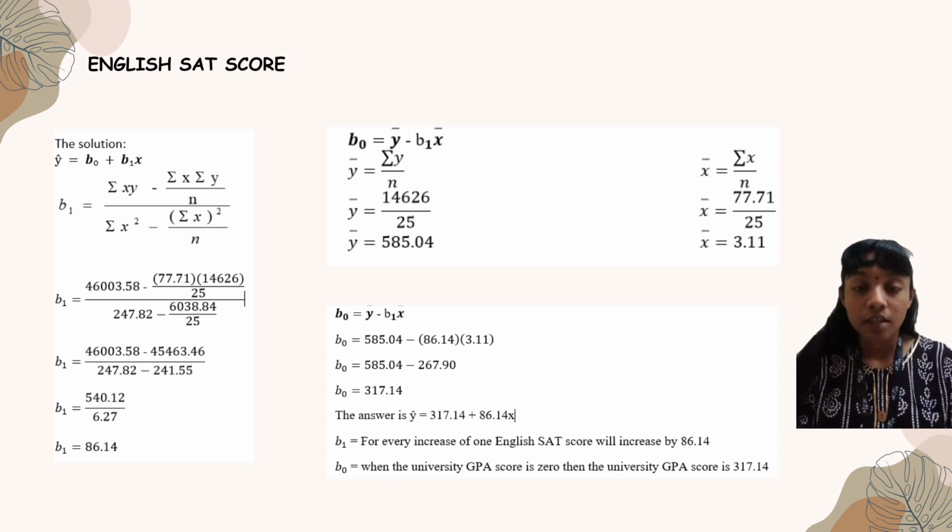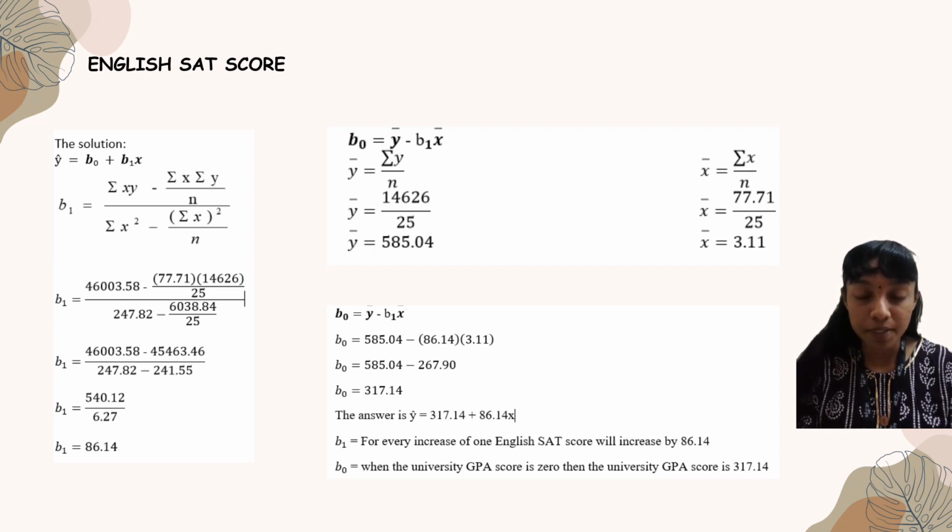For the English SAT, the simple linear regression B1 is 86.14. For Y it is 585.04. For X it is 3.11. The overall simple linear regression is Y equals 317.14 plus 86.14x.